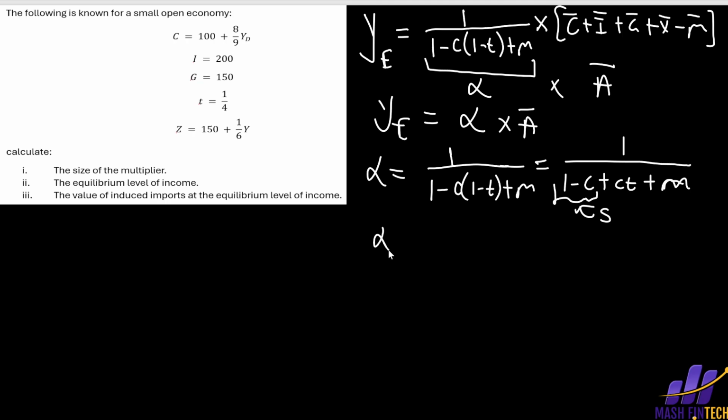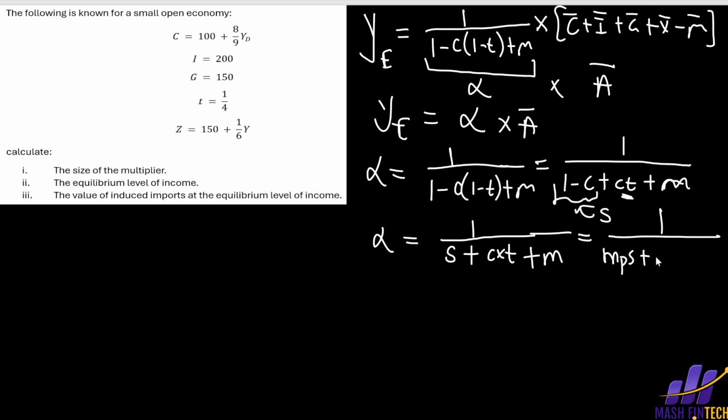So you can write the multiplier as 1 over the marginal propensity to save plus the marginal rate of taxation. The tax has to be multiplied by the MPC and then the marginal propensity to import, right? So it's just the marginal propensity to save, the marginal rate of taxation, the marginal propensity to import.